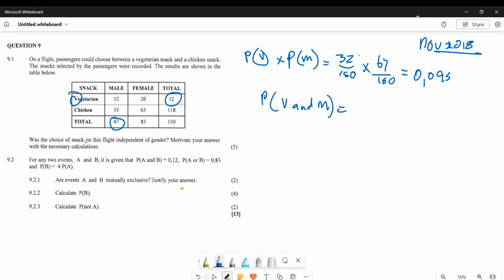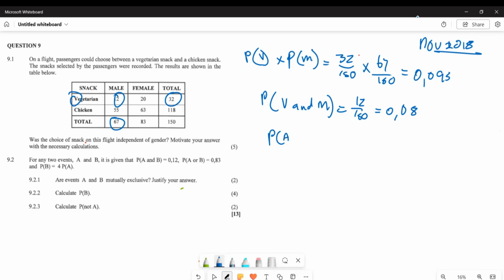This is the same as male and vegetarian, which is 12, so 12 over 150. The answer here is 0.08 altogether.